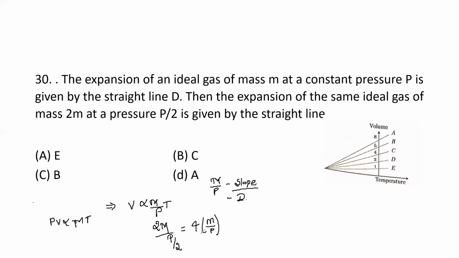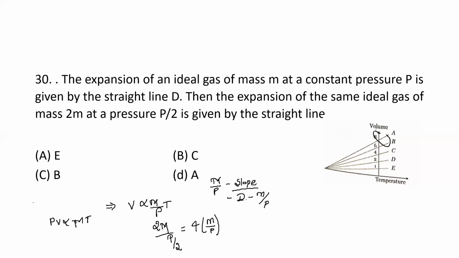So the slope is becoming 4 times, which for D is M by P. So 4 times of D is nothing but what? Here you can see D is 1, 2, 3, 4. That is A is having the value of 8. 4 times means that is 8.